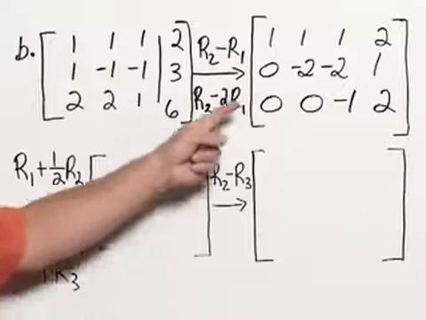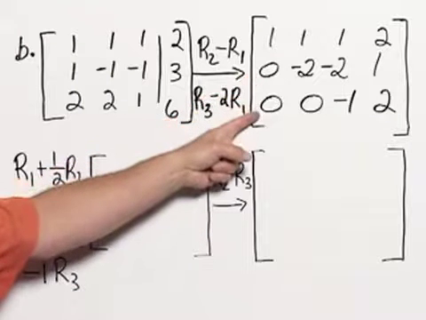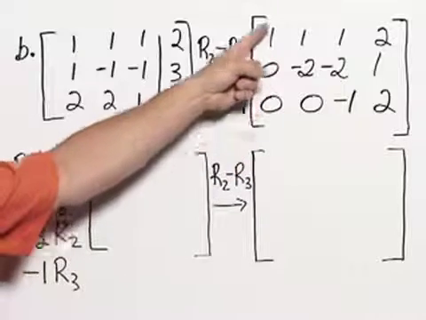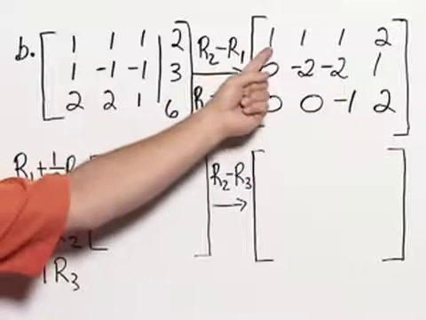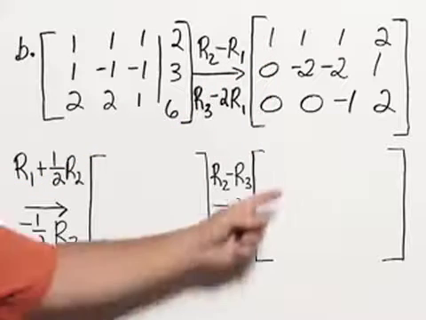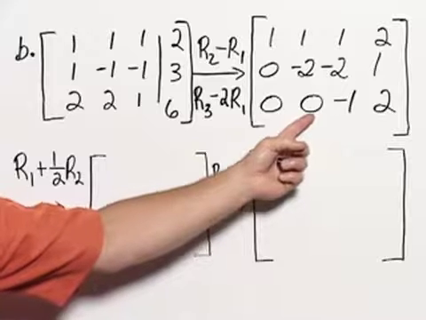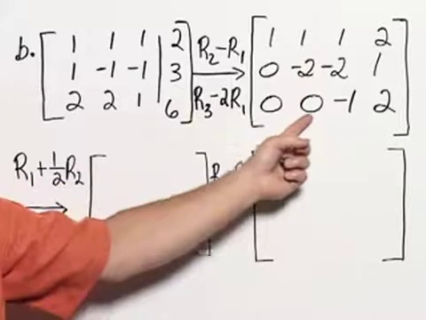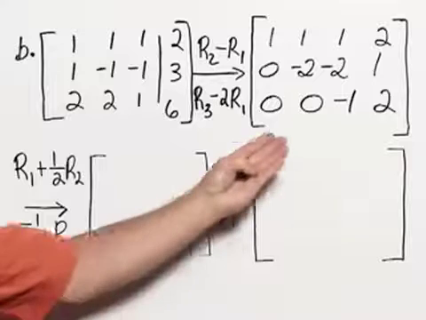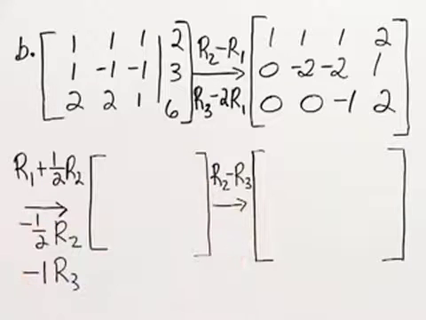So you can already begin to see that we're creating zeros in column number 1, with, of course, a 1 in the first position. Fortunately, we also began to create a 0 in column 2 in the third row. So we're well on our way to establishing the matrix that we want to get our solution.